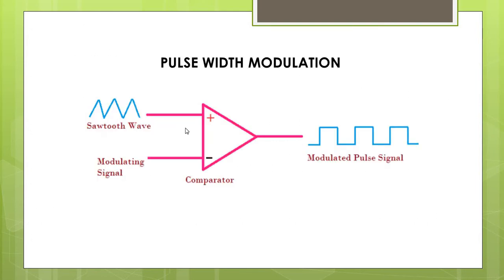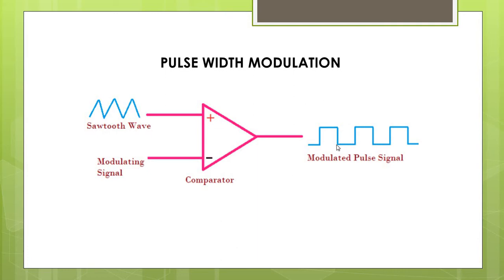You can see the comparator here. This is a comparator with two inputs. One is the sawtooth carrier signal and the second one is the sinusoidal modulating signal or the message signal. Whenever the sawtooth carrier amplitude is greater than the modulating signal, it generates an output of -1.